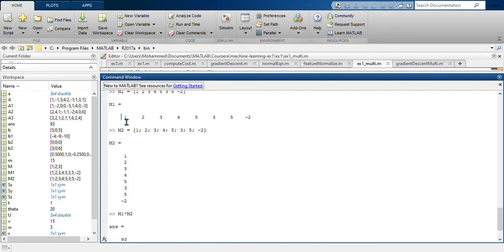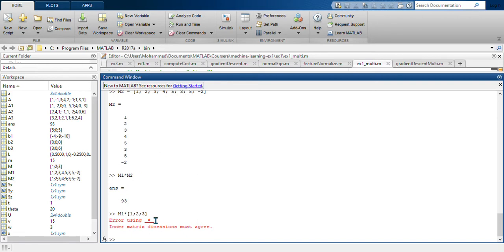If we have 8 columns, that matches with 8 rows. Only when they match can it multiply. When it is not matching, it says you can't multiply because matrix dimensions do not agree. So when you are performing multiplication operations on matrices or vectors, you must ensure that the matrix dimensions agree.